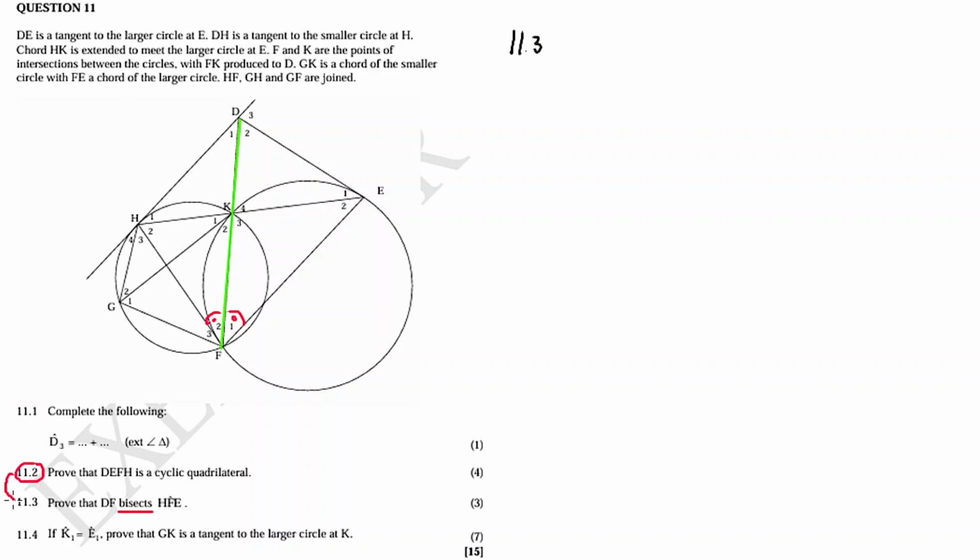It's going to help us to calculate the next one. We just proved that DEFH is a cyclic quad. We just proved that this is a cyclic quad.